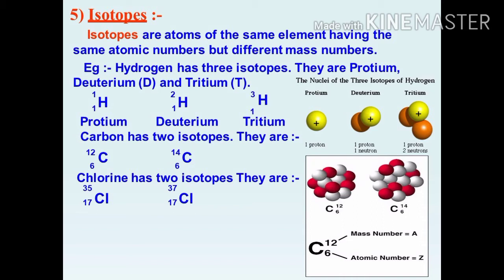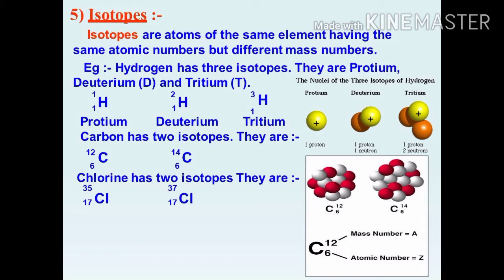Neutron also 1. Then tritium. What is tritium? Mass number 3, atomic number 1. How can we calculate the number of protons? Number of protons is the atomic number, which is 1. Number of neutrons is 3 minus 1, equal to 2.